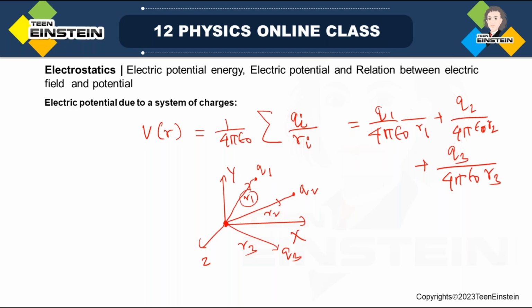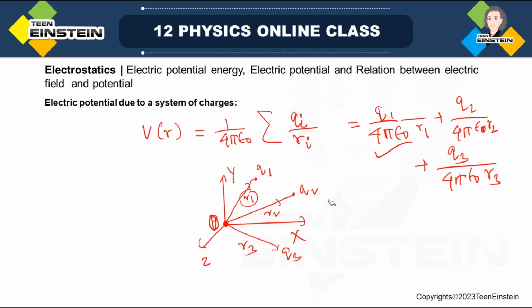If the distance between the charge and the point where we are calculating electric potential is different, then this is the formula.